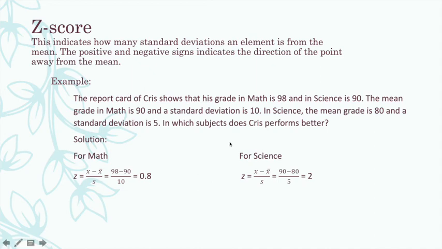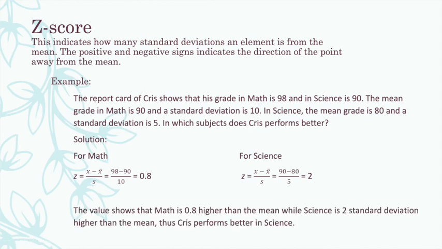So question, in which subject does Chris perform better? The value shows math is 0.8 standard deviations higher than the mean, while science is 2 standard deviations higher than the mean. Thus, Chris performs better in science, because the z-score of science is higher.